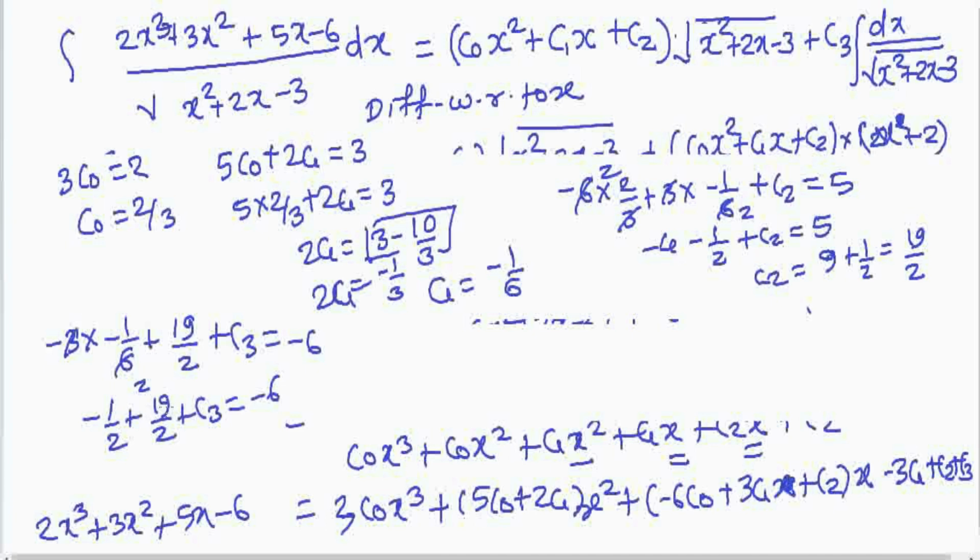So minus plus 18, 18 by 2, that is 9. 9 plus c3 equal to minus 6, and c3 equal to minus 6 and minus 9, we have minus 15. Okay, so this is equal to minus 15. Minus minus plus, and we have 10, and we get here minus 16. So we have c3 equal to minus 16.